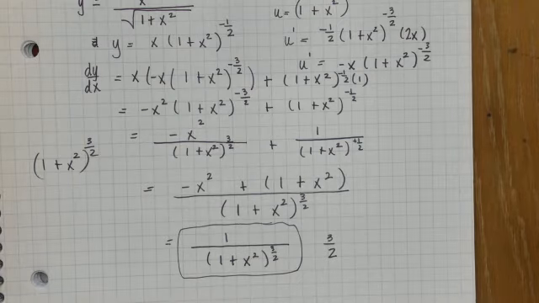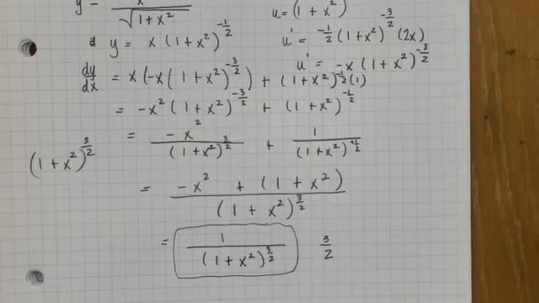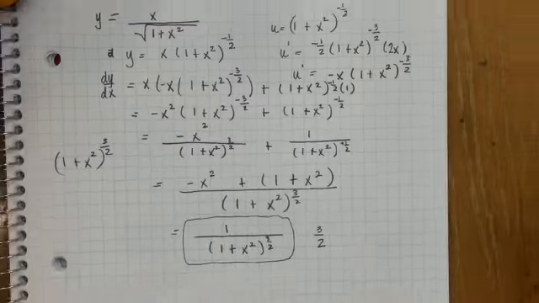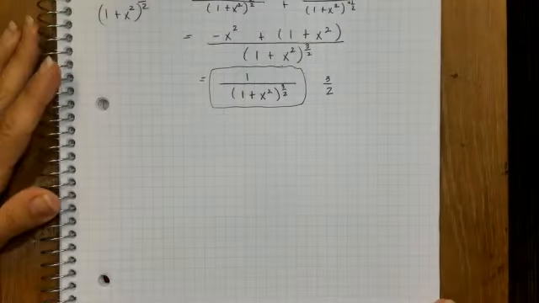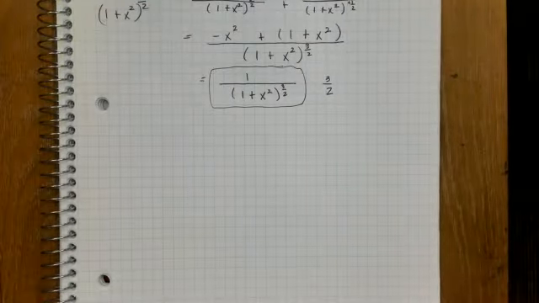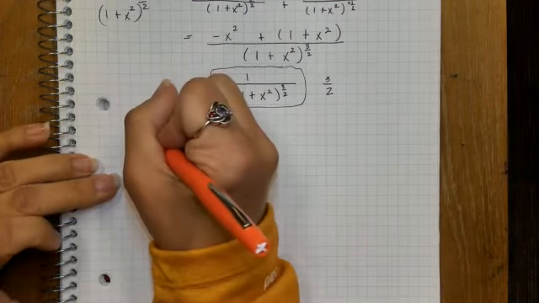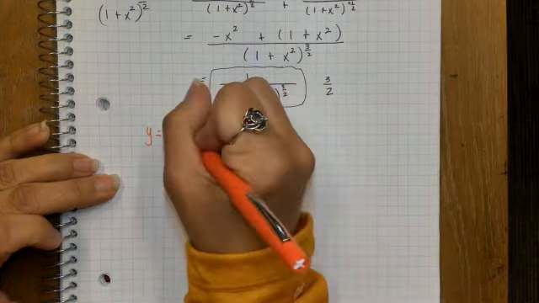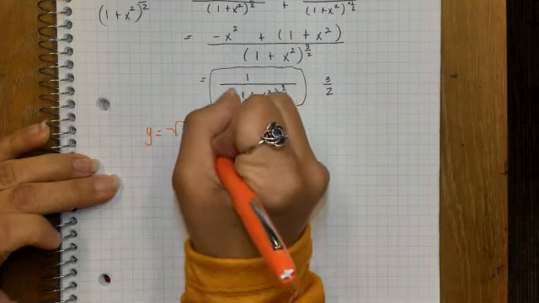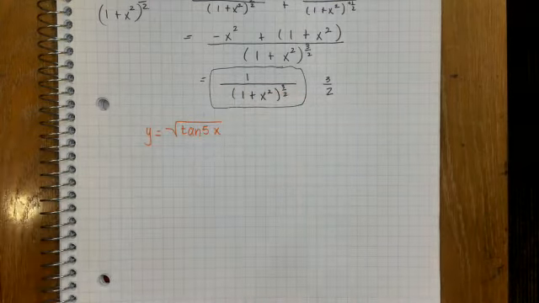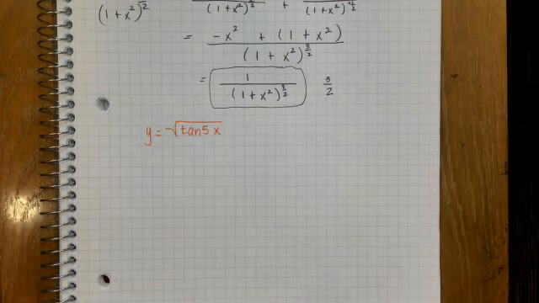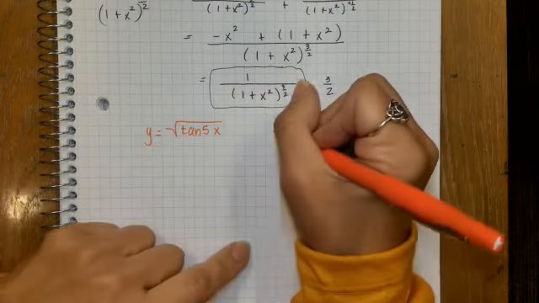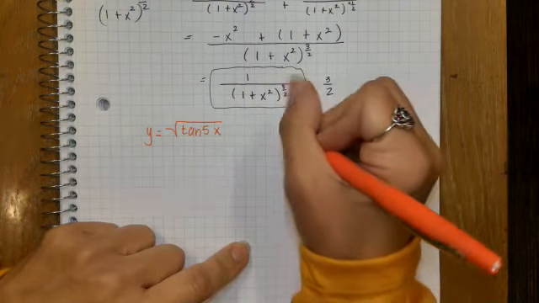One more where we're going to have the chain rule twice. Okay, let's take a look at the square root of the tangent of 5x. Let's first look at the tangent of 5x.